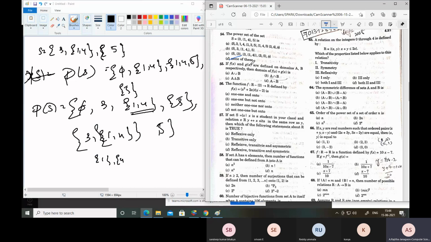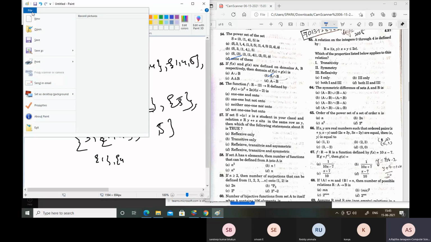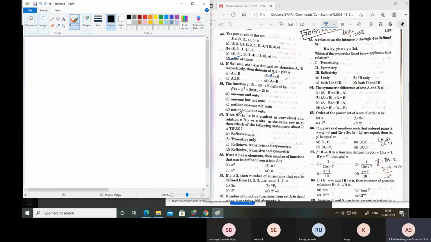Now if f of x and g of x are dependent on domains A and B respectively, then f of x plus g of x is nothing but the intersection of A and B. Now here it is 56, that is whether neither 1 1 or not onto, we have to check one more time here. For example, here f of x equal to x square plus 2x divided by x minus 2. Okay, so it satisfies not 1 1 and onto.